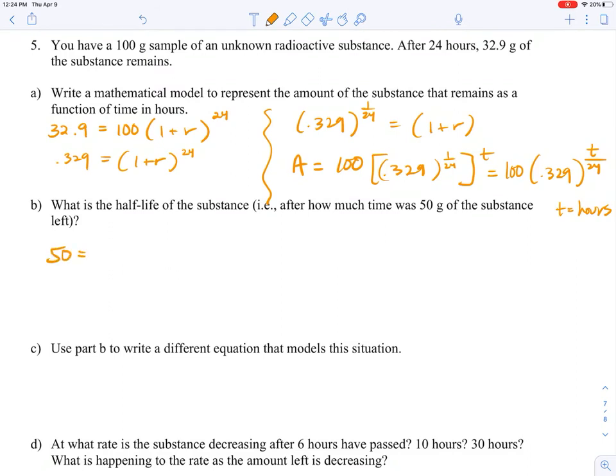If we want to solve for the half-life, that would mean how long does it take for our initial amount of 100 grams to decrease to 50 grams. So if we divide by 100, we get 1/2 equals 0.329 to the t over 24th power.